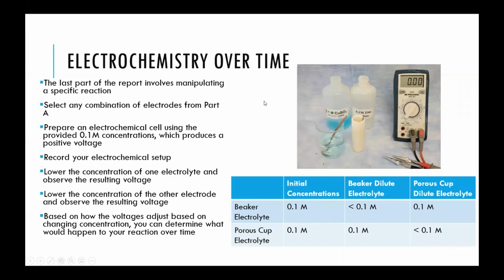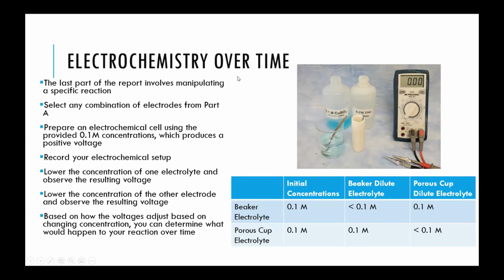The last part of the experiment is similar to the concentration cell, where you're going to be playing around with the concentrations. However, where in the first one, in the concentration cell of the copper ion, you were using the Nernst equation and determining exactly what the voltage is and what the concentration is.